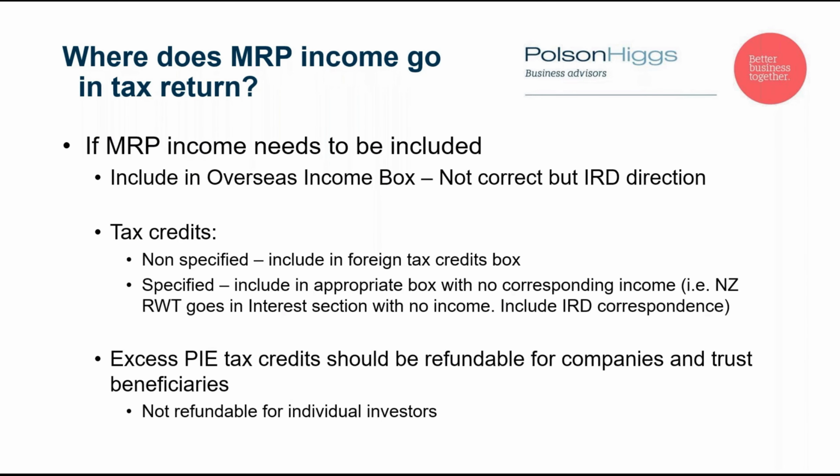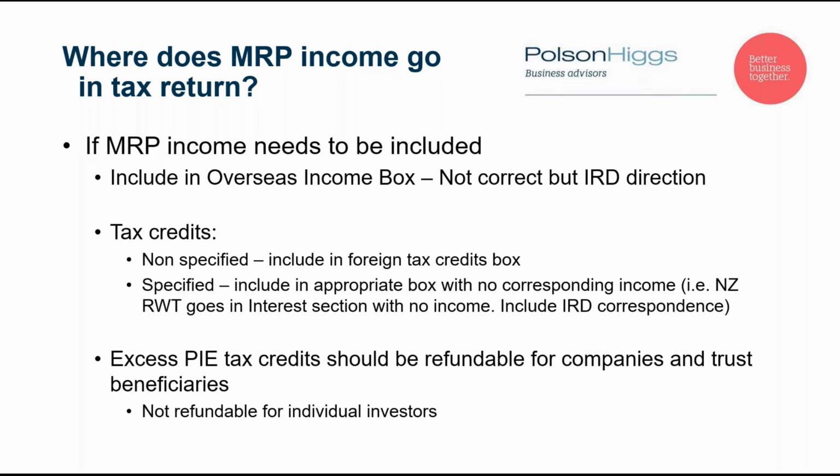So where does multi-rate PI income go in the tax return? IRD have advised that multi-rate PI income needs to go in the overseas income box. This may not seem technically correct, but it is what the IRD have advised should be done at this stage. In terms of tax credits, where they are non-specified and referred to as PI tax paid, then they will go in the foreign tax credits box.